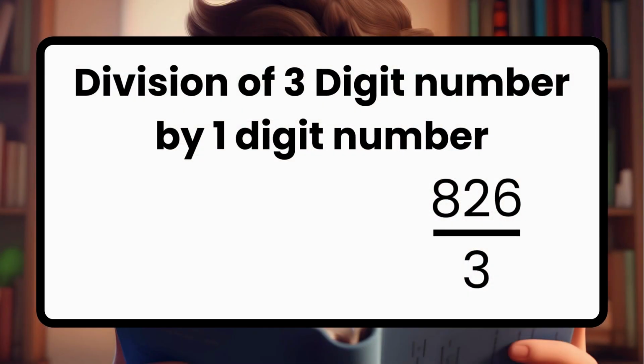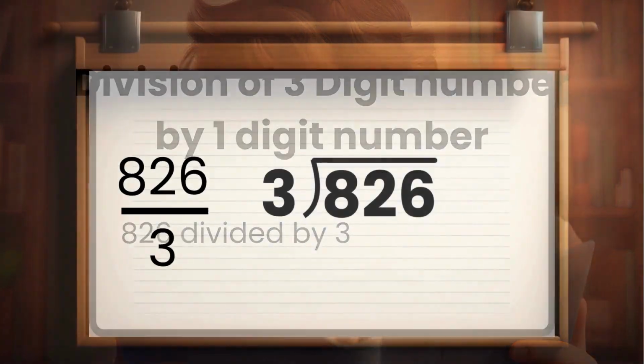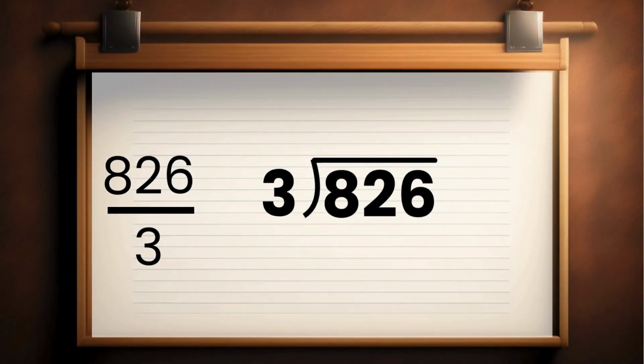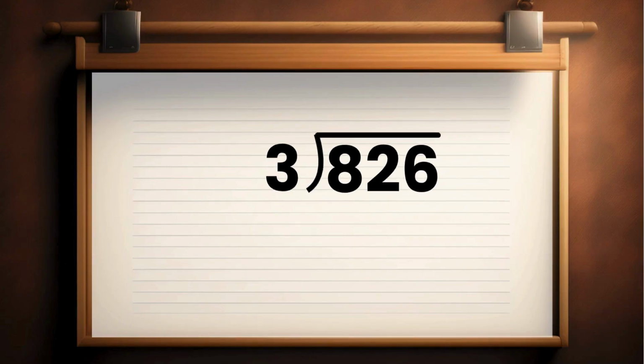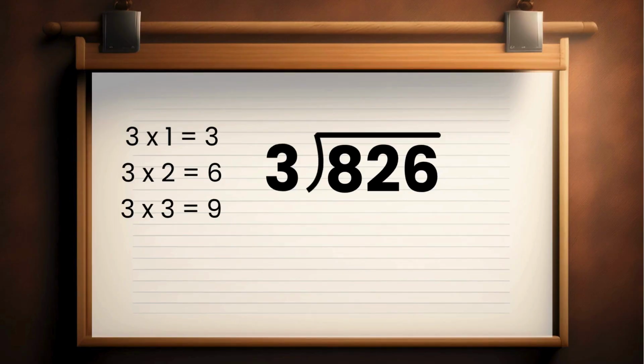Let us try again. This time, divide a 3-digit number, so 826 divided by 3. First, write divisor and dividend in appropriate positions. Start by looking at the first number in the dividend. Find the number in the table of 3 less than or equal to 8. 3 into 1 is 3. 3 into 2 is 6. 3 into 3 is 9.